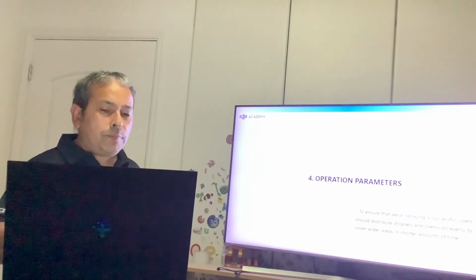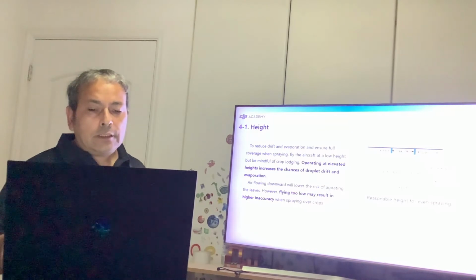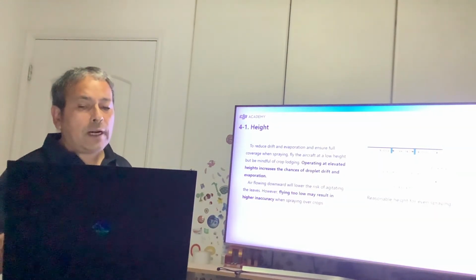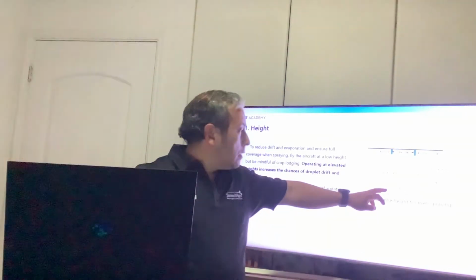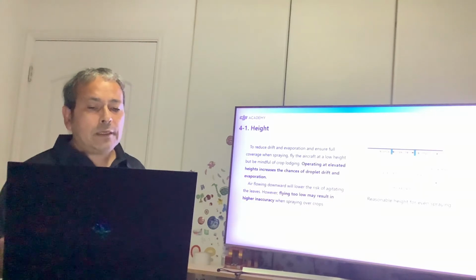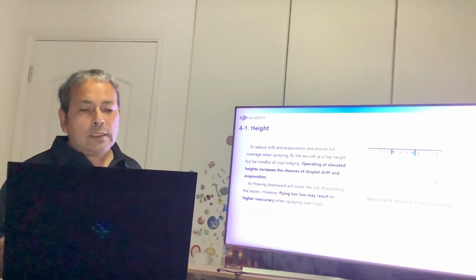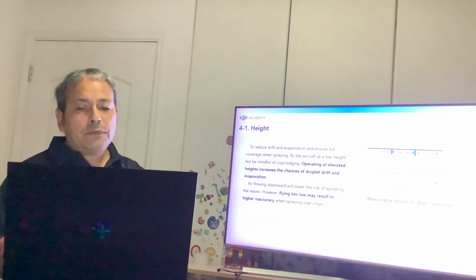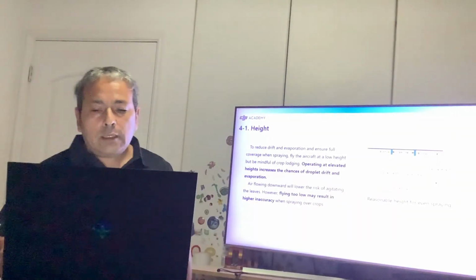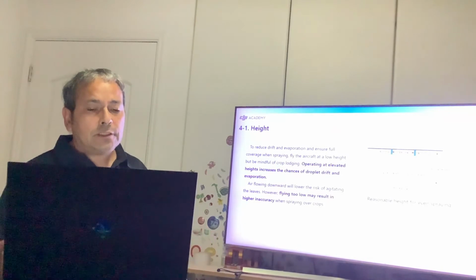In the operation parameters, these are the parameters we call the height and overlapping area. If we fly the aircraft at a higher distance, the overlapping area will be smaller, and we may miss some spray.